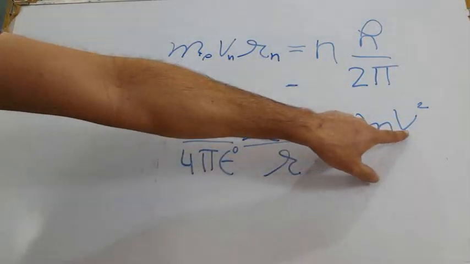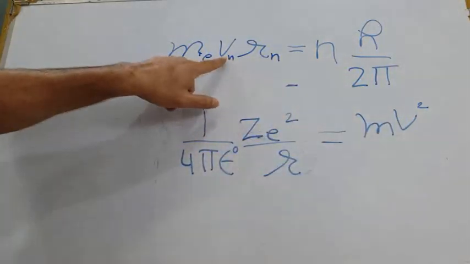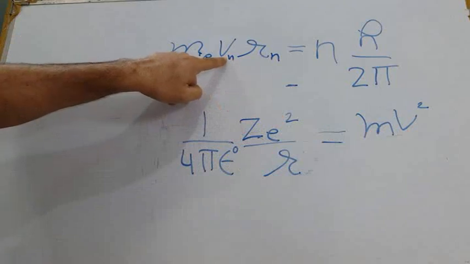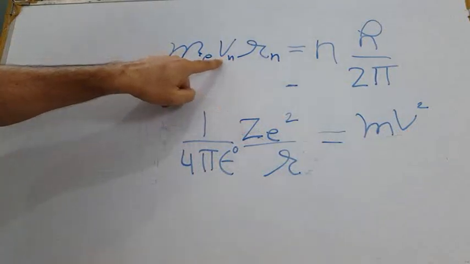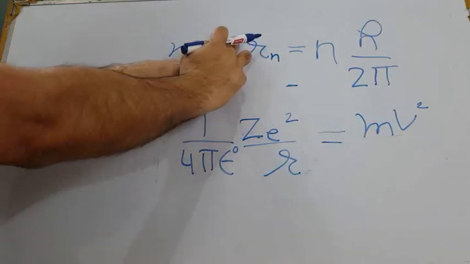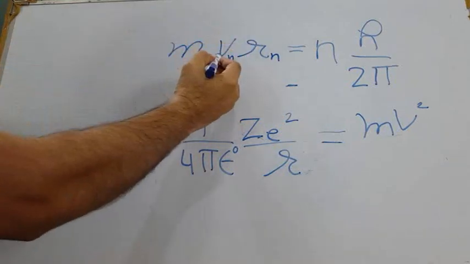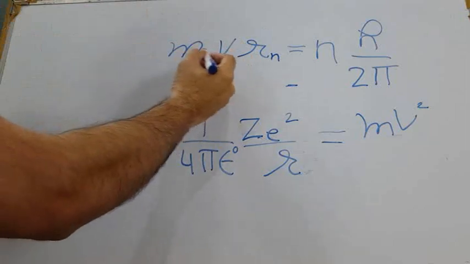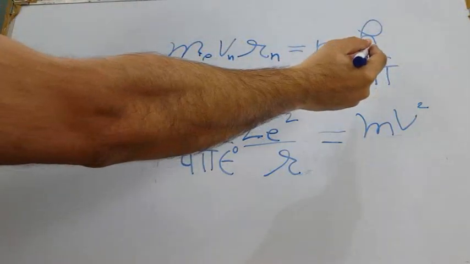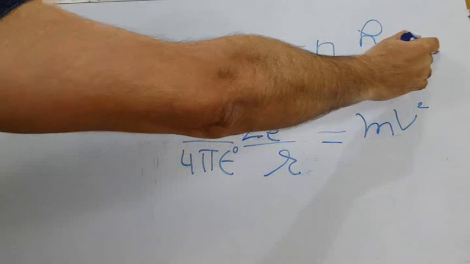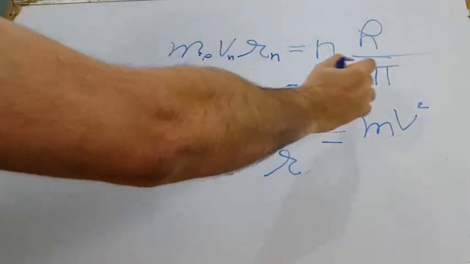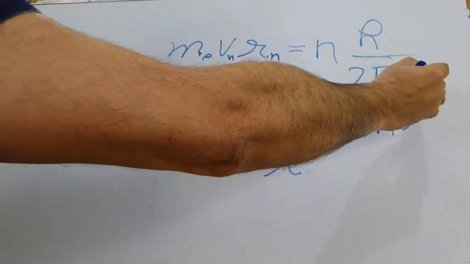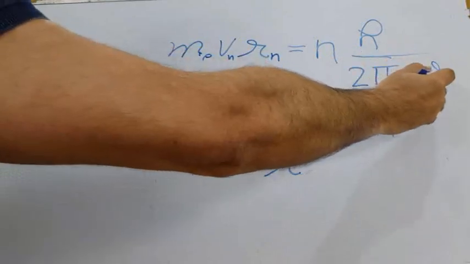Here let us find out the value of v square from this equation. How can we find that out? We need to find its square value. Therefore, when this goes to that side, the v comes out to be 2 pi m r.